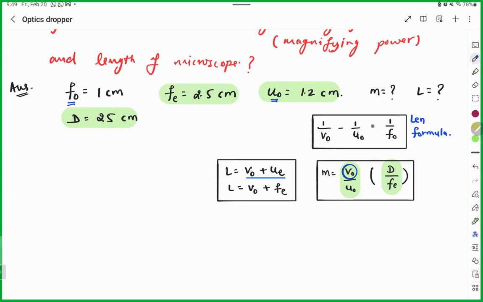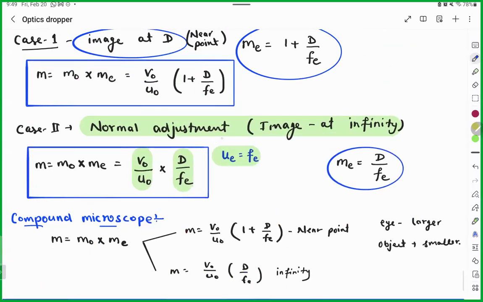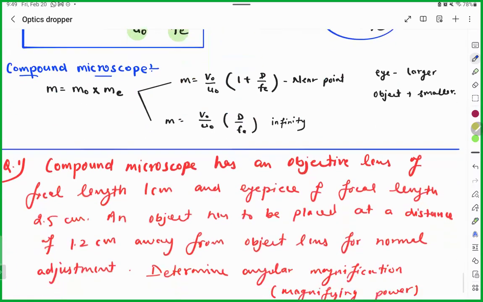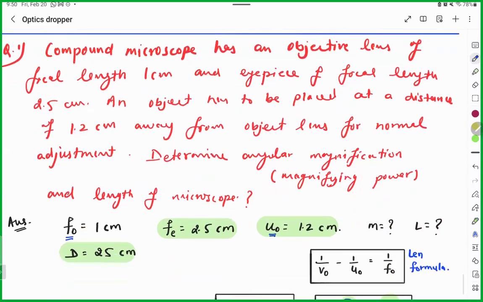And whenever there is infinite normal adjustment, your UE is equal to FE. That's why you have to apply the second formula for normal adjustment. Correct? We wrote the same thing here. For normal adjustment, UE is equal to FE. V naught value will be 6 centimeter.